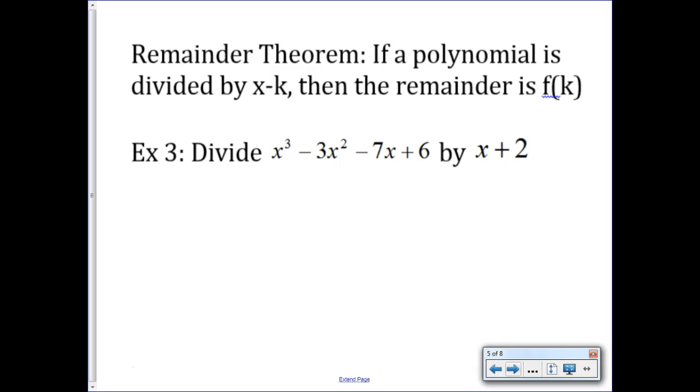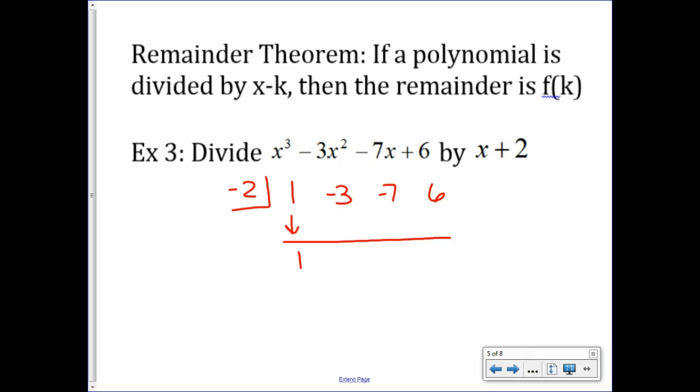So what would make that x plus 2 equal to 0? I'm going to say negative 2. And then I'm going to put all the coefficients in. So I have 1x cubed, I have negative 3x squared, I have negative 7x, and then I have 6. So I'll bring down my 1.